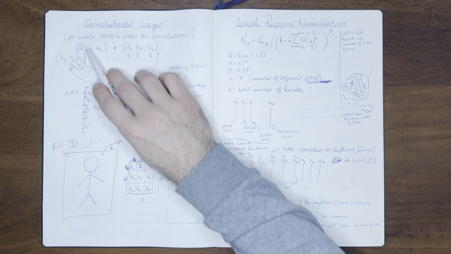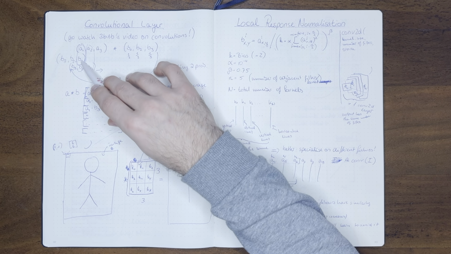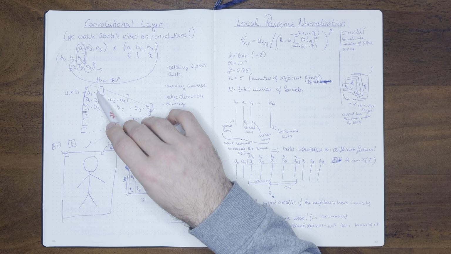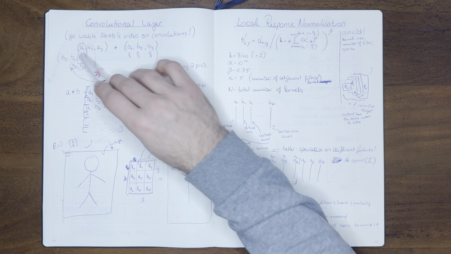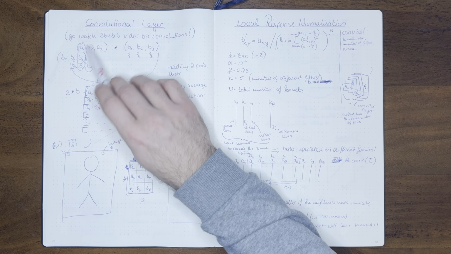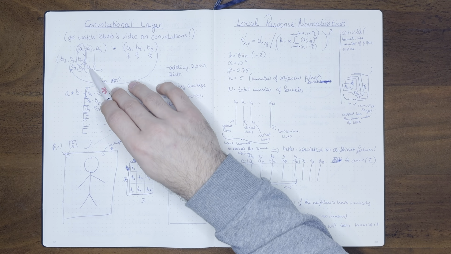So in this example, for the first index of the new list, since only A1 and B1 are overlapping, you multiply those, and that is the first index of your result. Then you move this list one step to the right, such that A1 and B2 are overlapping and A2 and B1 are overlapping.